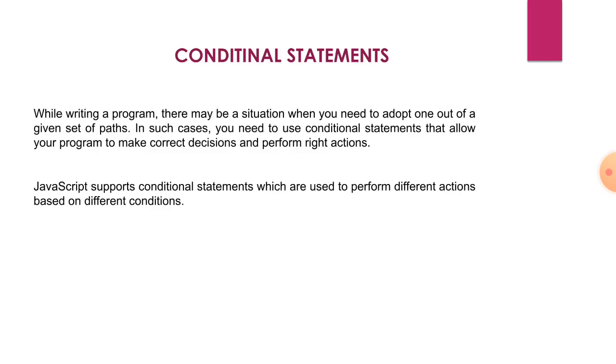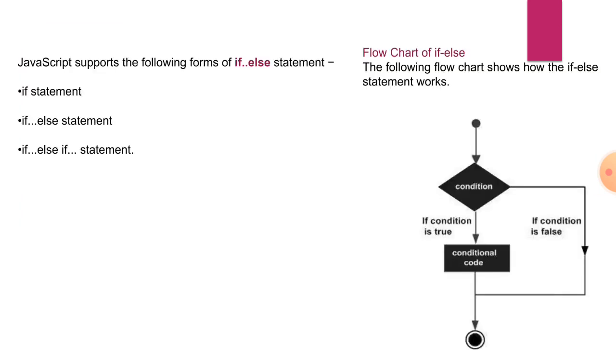JavaScript supports conditional statements which are used to perform different actions based on different conditions. In JavaScript, we mainly have three conditional statements.